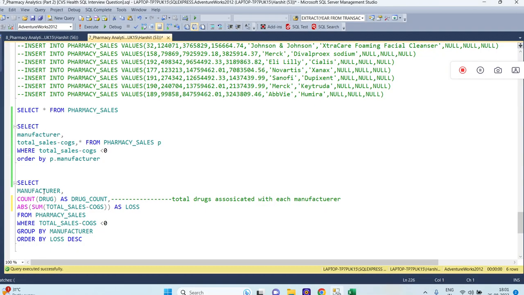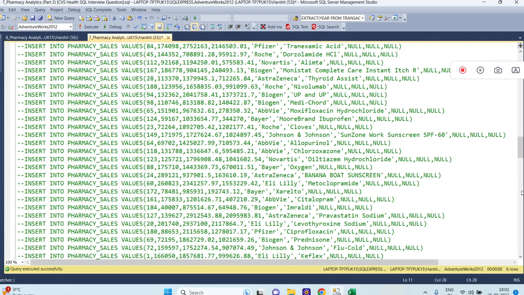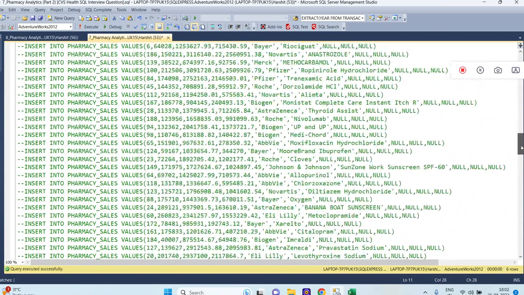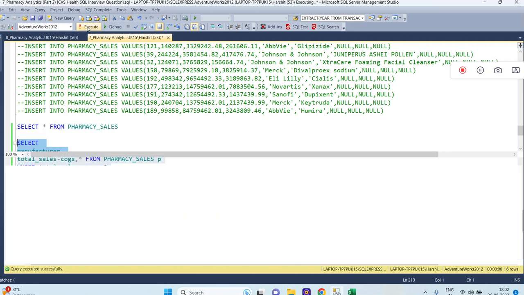Okay. So actually, what is the requirement over here? We need to identify the data based upon each of the manufacturers, right? So if you see in this table, let me show you this one only.